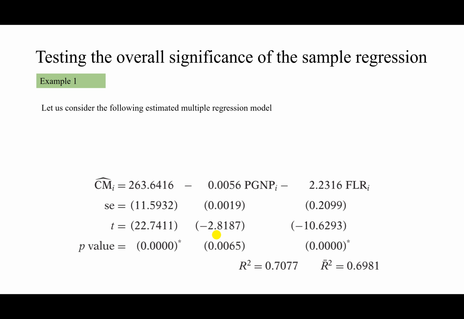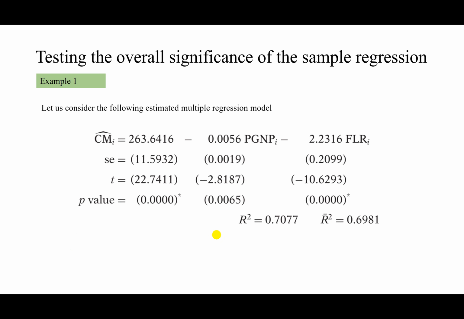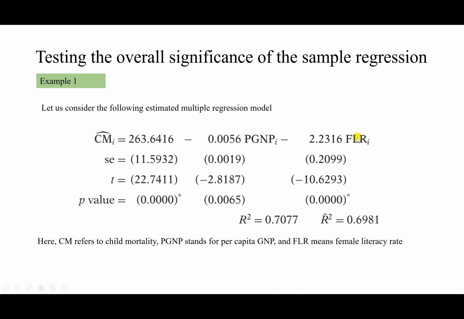So let us consider an example. In this example, CM refers to child mortality, PGNP stands for per capita GNP, and FLR means female literacy rate.